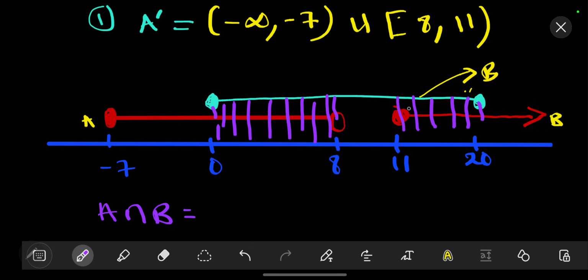Our 20 is included, however 8 is not found in A. This is why we have an open circle, therefore it is not going to be included in our solution.